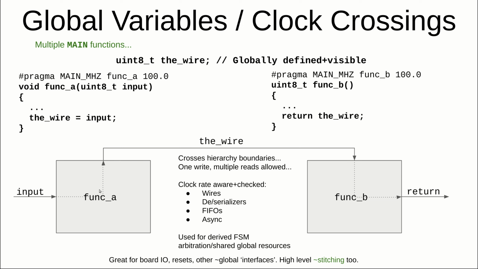And what that actually does is, in this case, it's making a wire out through the global namespace, between these modules here. And function B reads the wire here and uses it for its return value. So that wire gets routed down into function B and out the return value there. And so why this is neat, you can string these global wires all over the place.